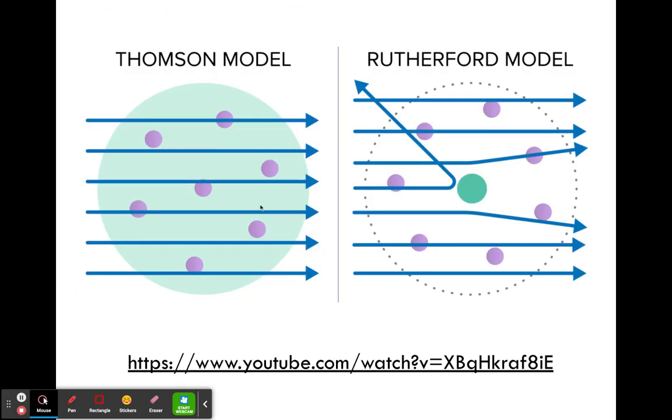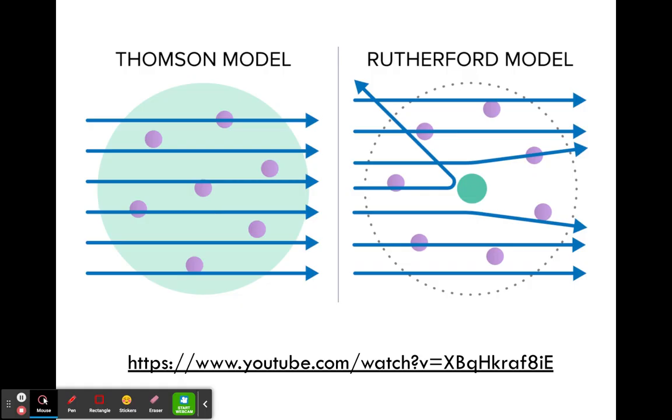Well, he concluded that if Thomson's model was correct, because we know that electrons are so very small, and the plum pudding model says that most of this is space, you should get 100%, or very close to 100%, of the alpha particles just blowing through the atoms.